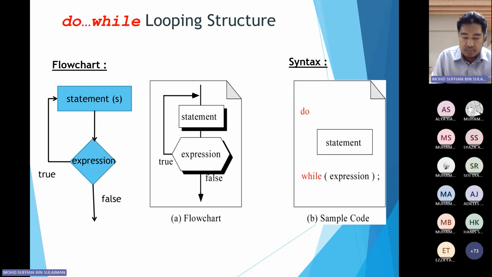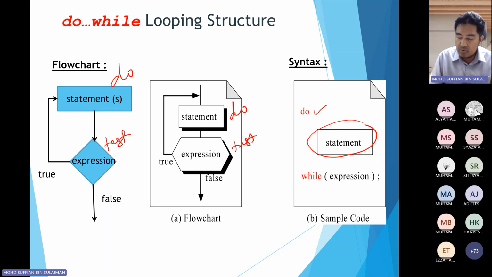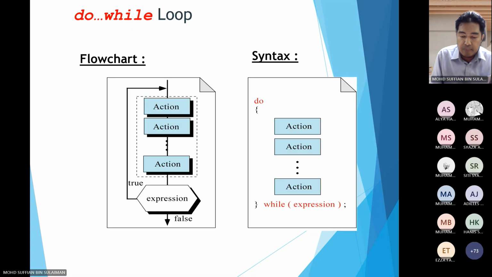So again, this is the flow chart. We do the statement and then we test. So don't forget to put the semicolon. Do-while has the semicolon at the end of the expression or condition.